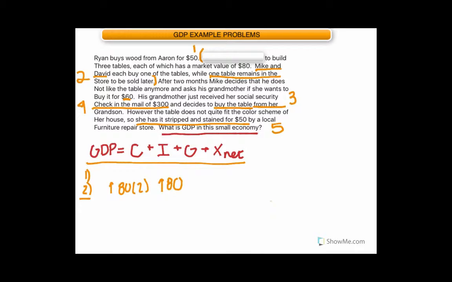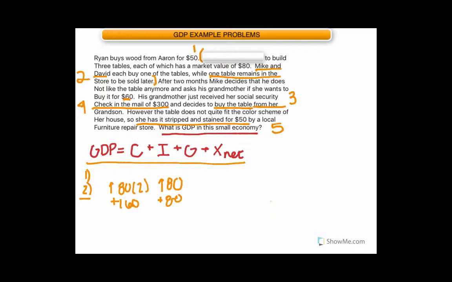So we're increasing our investment by $80 because this table is worth $80 and it's unsold inventory. So no one bought it. We can't consider it consumption, but it's still in our GDP because it was produced in this year. So in total, we've added 160 and 80.